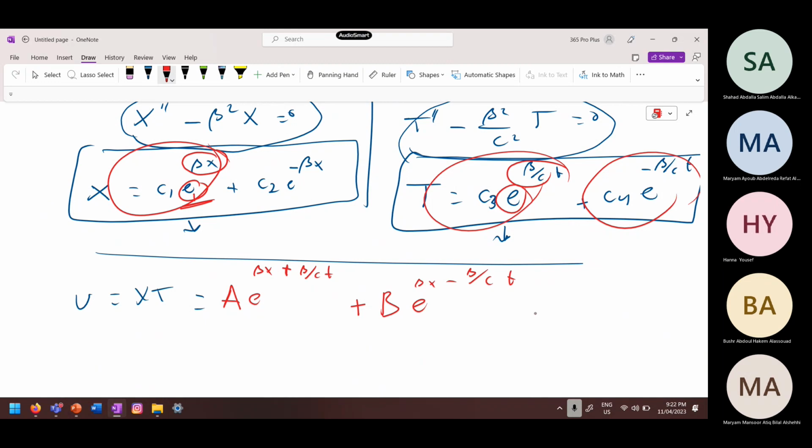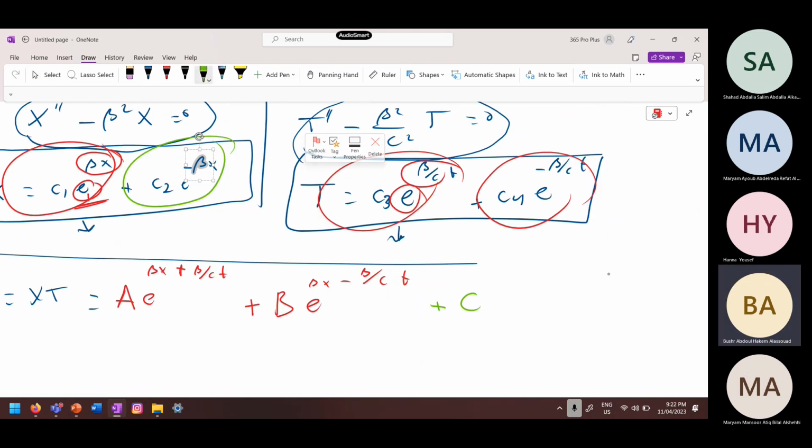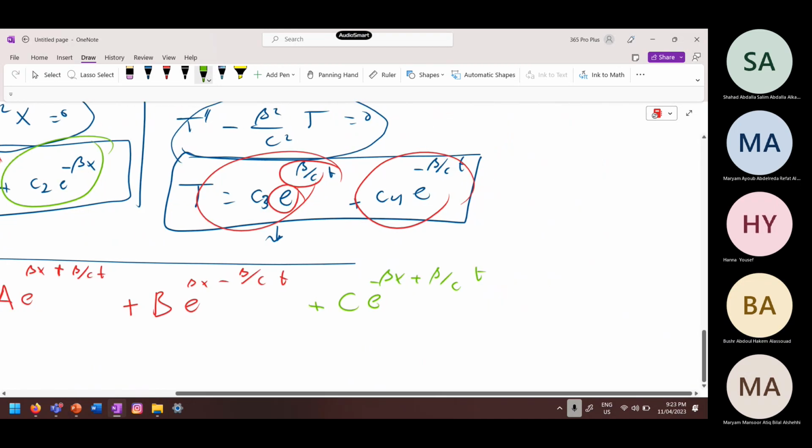Now, as for this term, C2 multiplied with C3, a constant multiplied with a constant, gives you another constant. As for the natural number e, same base, just find the summation of the exponents. Beta x plus beta over c t, plus, again, this with this.